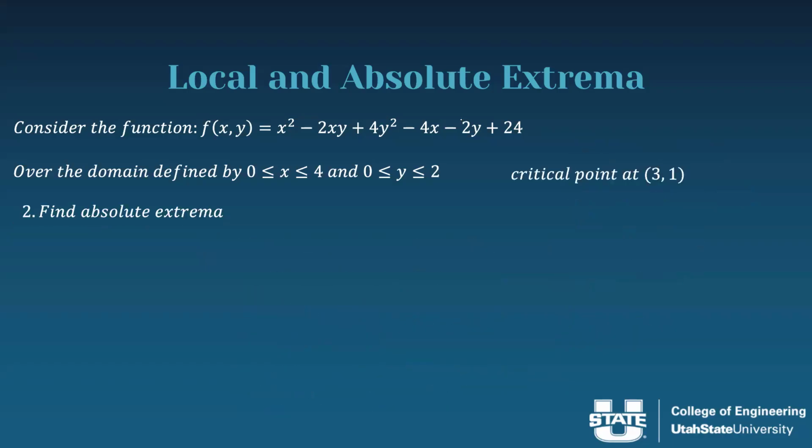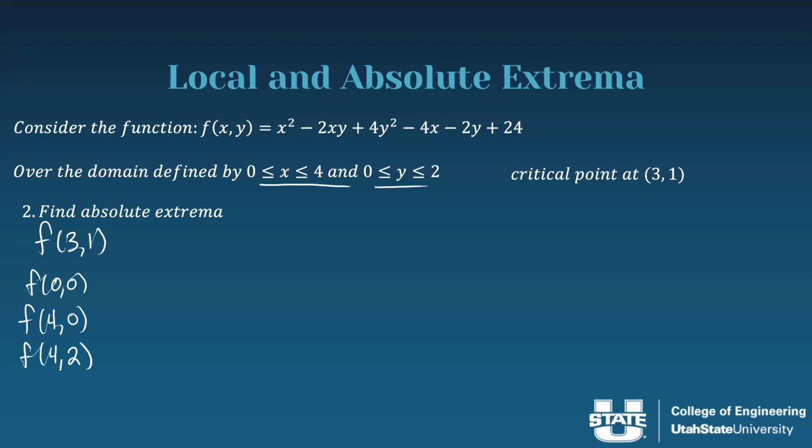Now we want to find absolute extrema. We're going to evaluate the function at our critical point of (3, 1), and also at the bounds: f of (0, 0), f of (4, 0), f of (4, 2), and f of (0, 2).